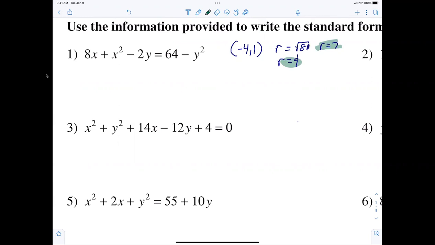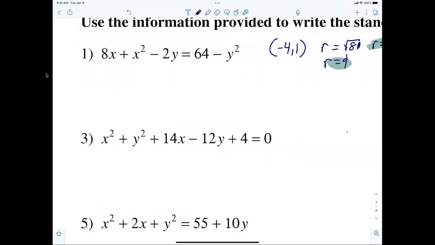So here we go. Again, what we're doing is lining things up properly. So I have x² + 8x. We leave a space. Moving the y² over. y² - 2y. We leave a space. Equals 64. Completing the square, half of 8 is what? Squared. So we're adding 16. Half and square, what do we got?